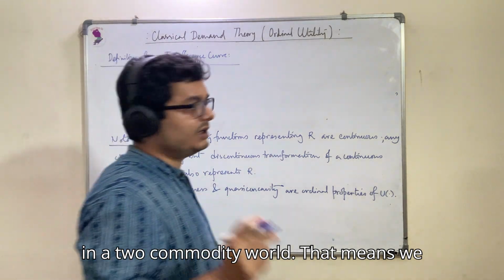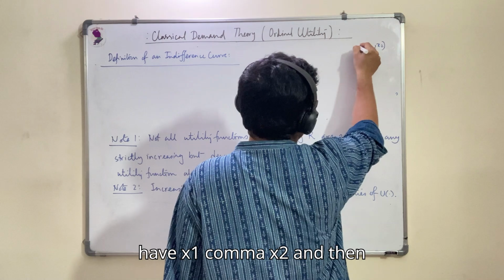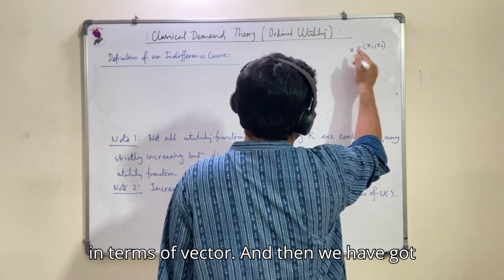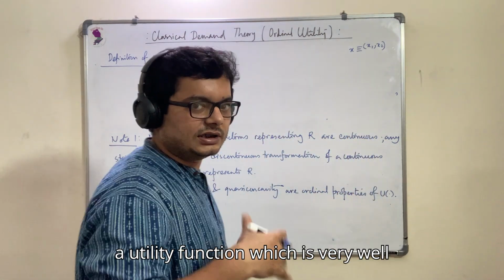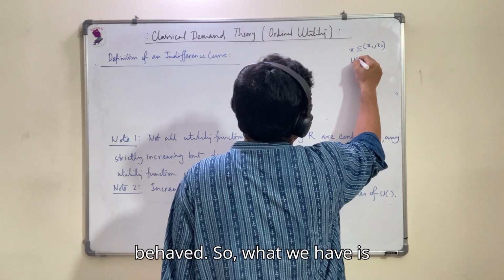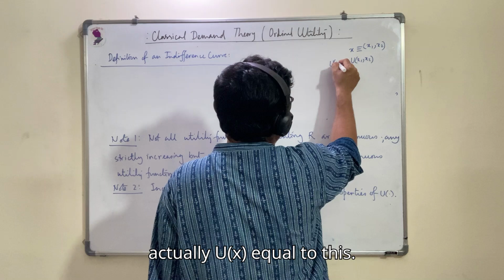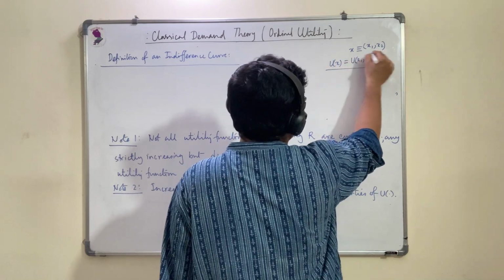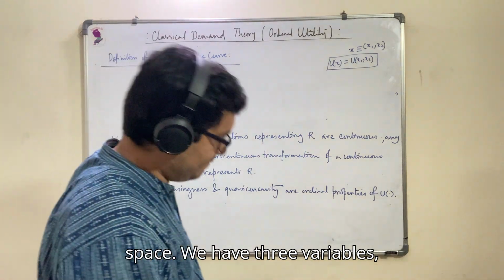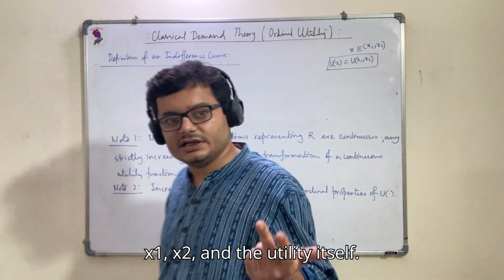We are in a two commodity world, that means we have x1, x2, represented as a vector x, and we have a very well behaved utility function U(x). So technically we are in a 3D space, with three variables: x1, x2 and the utility itself.